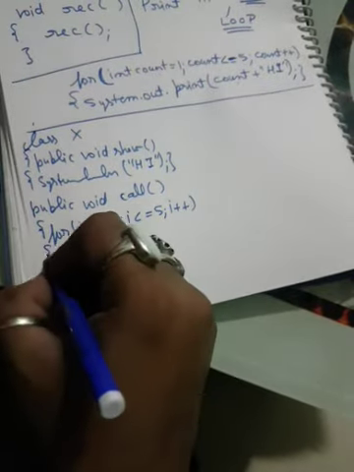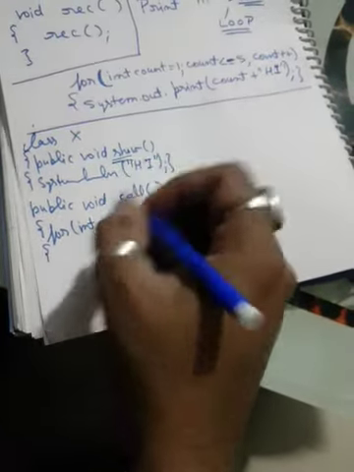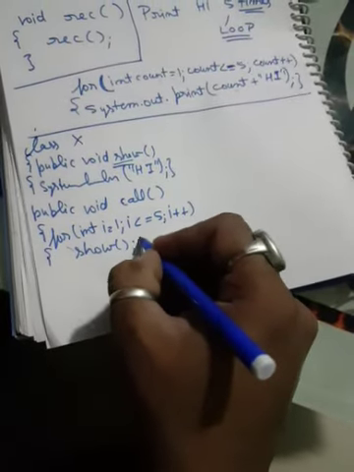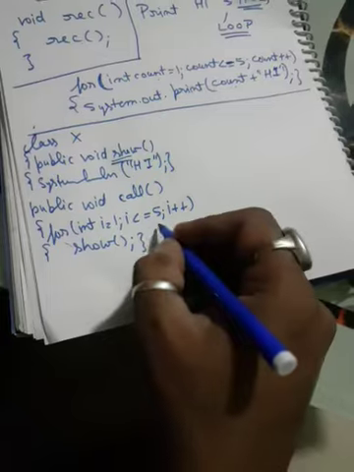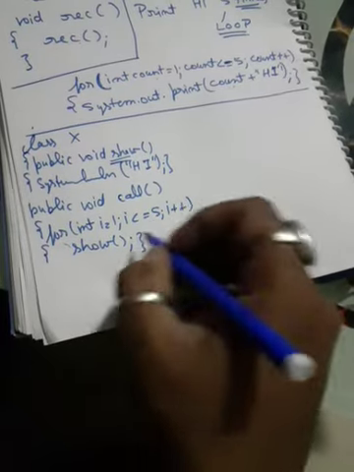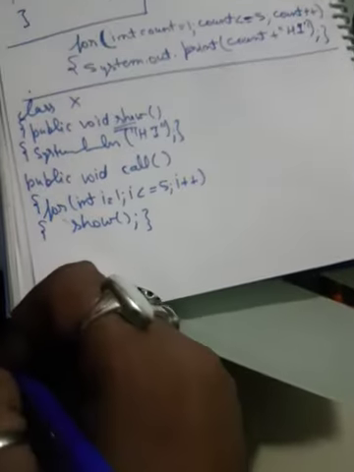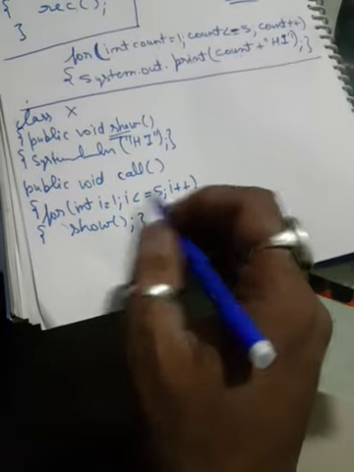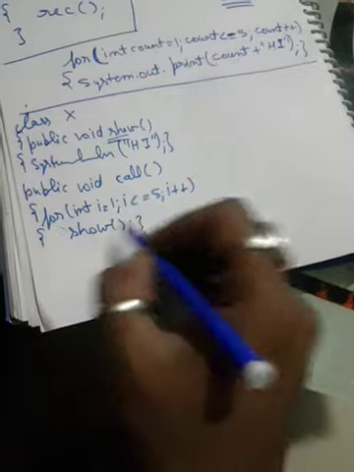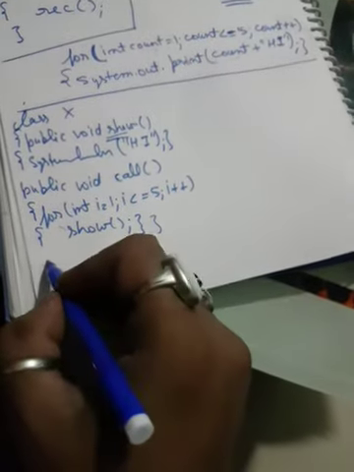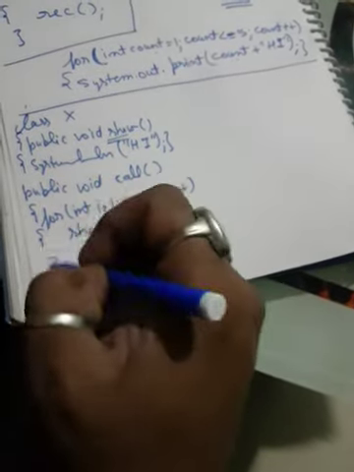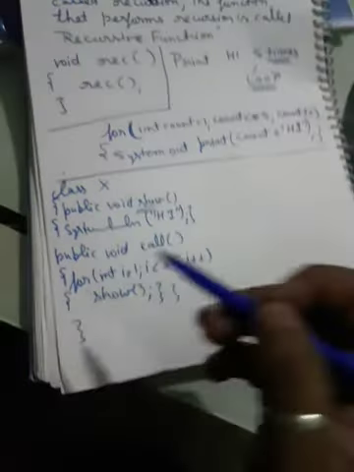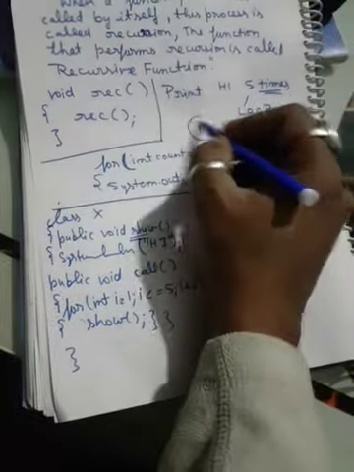This is a loop which works 5 times, and I call this function show inside this loop body. So this function has been called how many times? 5 times. This will also print hi 5 times. Now I close the function call, and then finally I close the class definition, that is X. The program is over.